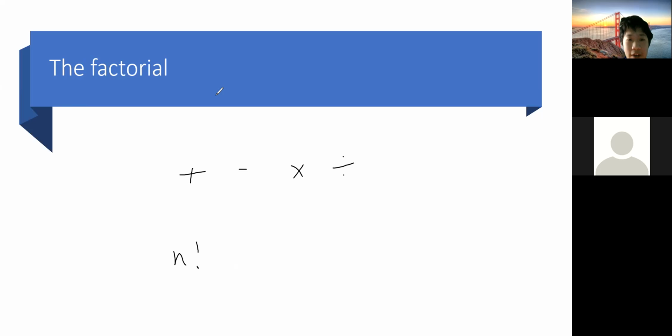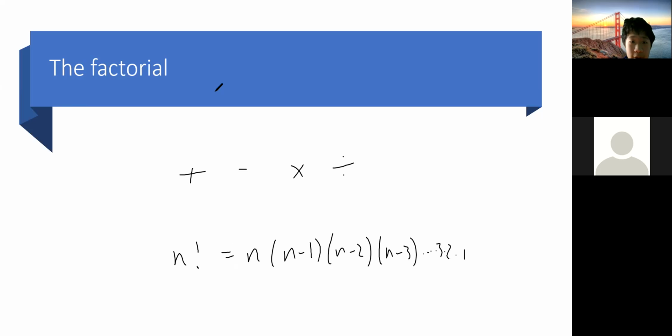Okay, that means n factorial. And what this means is that we take n and we multiply that by every single integer that's less than it. Every single positive integer, okay? n times n minus 1, n minus 2, n minus 3, all the way down to 3 times 2 times 1.